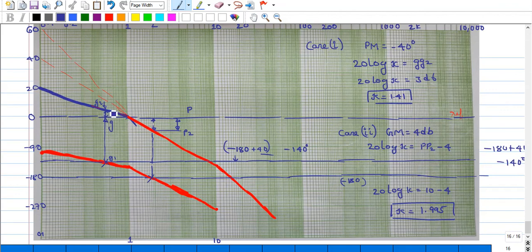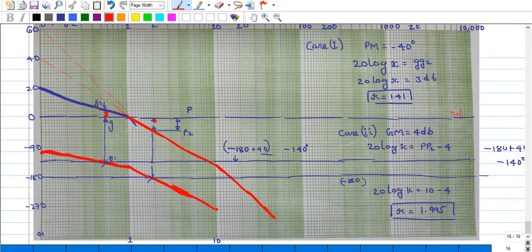So the formula is 20 log K equal to G2, that is the measurement. This particular measurement I am talking about will be 3 dB, K will be 1.41, followed with our phase angle plot. Again, it will intersect at the minus 180 degree line. So you can take the measurement.